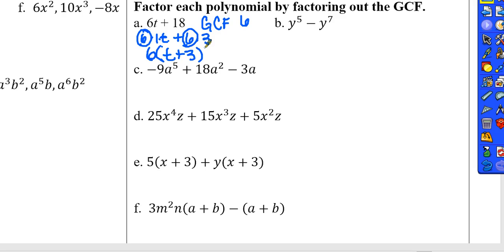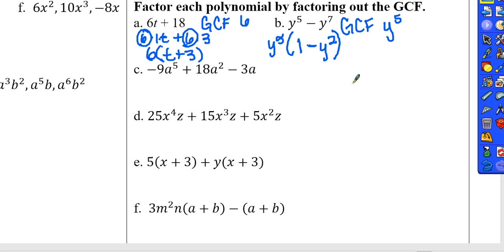Okay, you do B. What's the GCF, guys? y to the 5th. The greatest common factor. Okay. So if we factor that out, what are we left with? 1 minus y squared. 1 minus y squared.